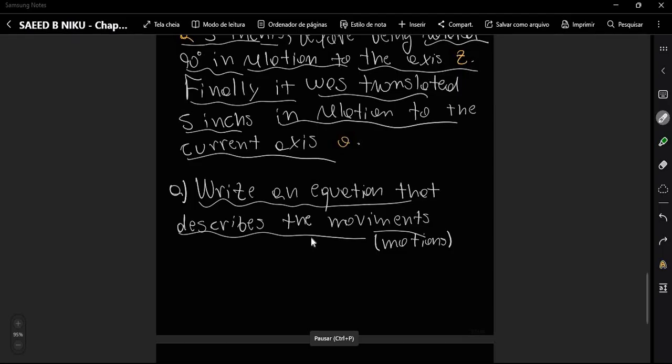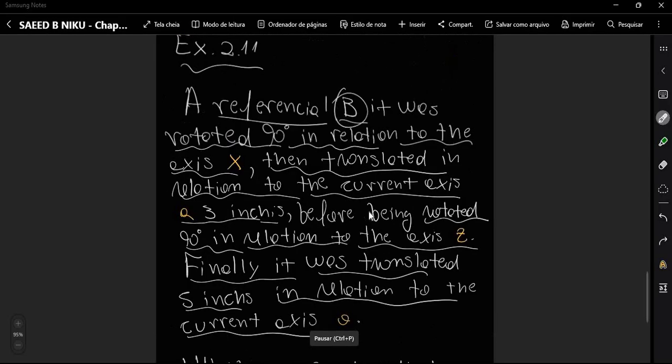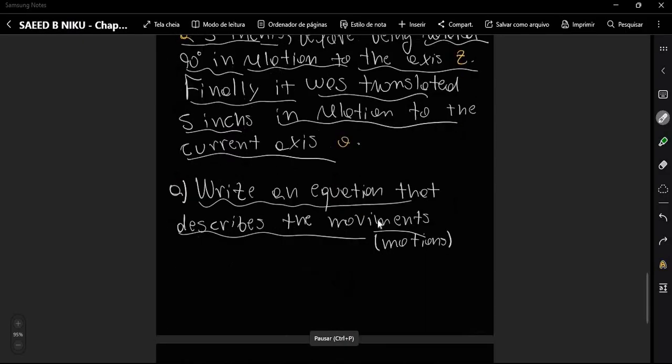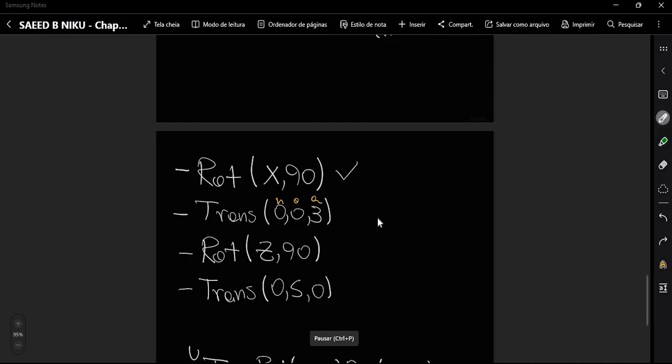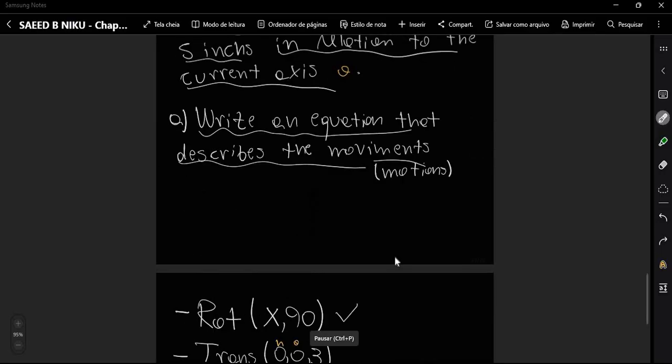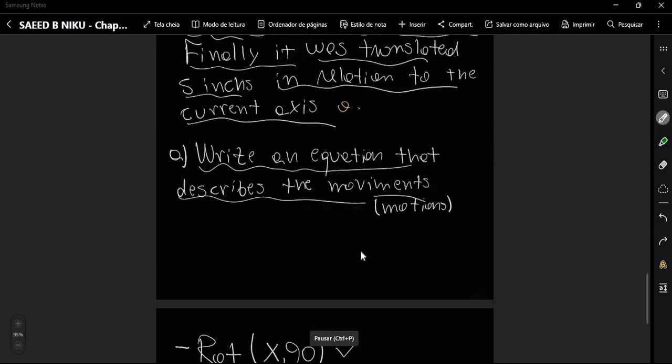We are still talking about transformations relative to a rotative referential, and we saw on the last video that we can do transformations on a fixed reference system and on a rotative reference system. And the example 2.11 was about this. On this example, we do transformations on both reference systems.